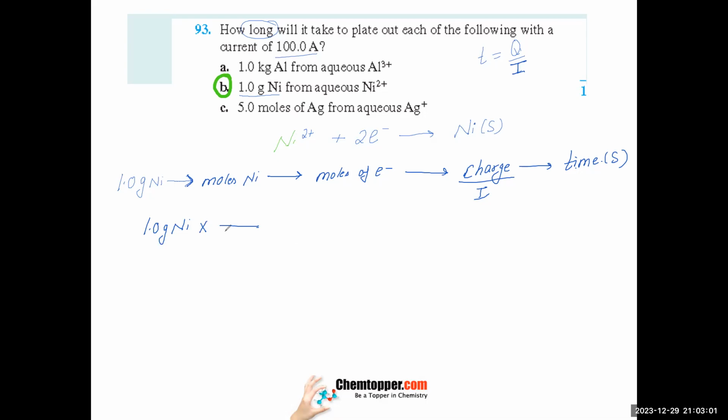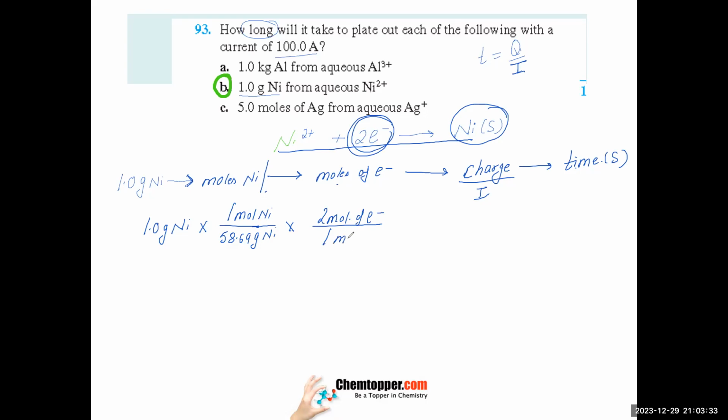So I will plug in 58.69 grams here of nickel. In the numerator, I'll take 1 mole of nickel. I reached up to here. Now I will look at the balanced equation. I want moles of electrons, so there are 2 moles of electrons for 1 mole of nickel. So I'll plug in this ratio, 2 moles of electrons over 1 mole of nickel.